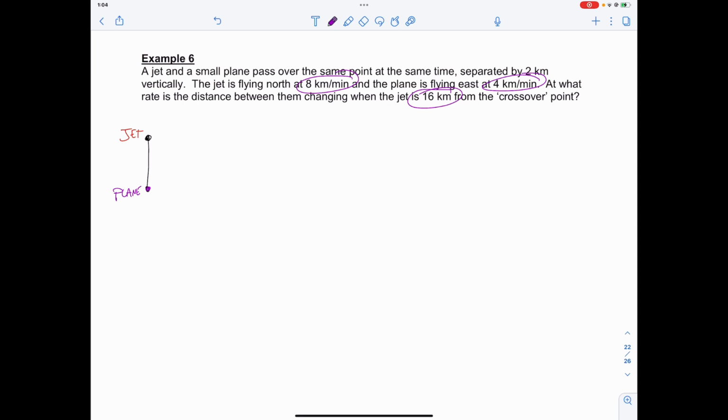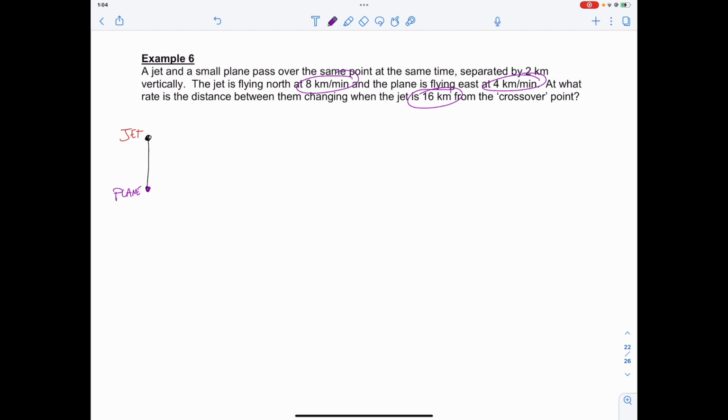Now, this one is a little trickier because they have that vertical distance between them, but when they're talking about the distance that they're changing or the speed that they're changing or where they're going, it's looking at it as though they're keeping the same vertical distance consistently.